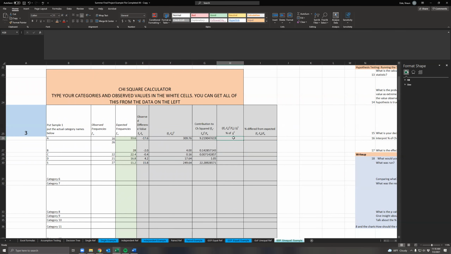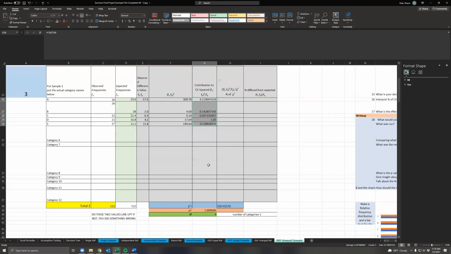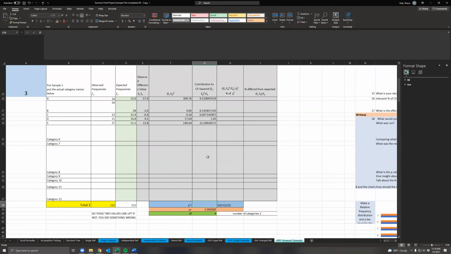And then this right here, we'll get to that in just a minute. So we've got all these different values right here, the individual contribution to chi-squared, and we are going to do equals sum. We're going to add all these up. Oh, another thing that I forgot to mention, you need to make sure that the values in the observed frequencies match the values in the expected frequencies.